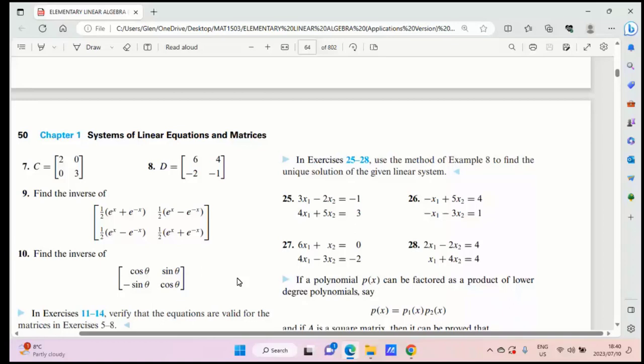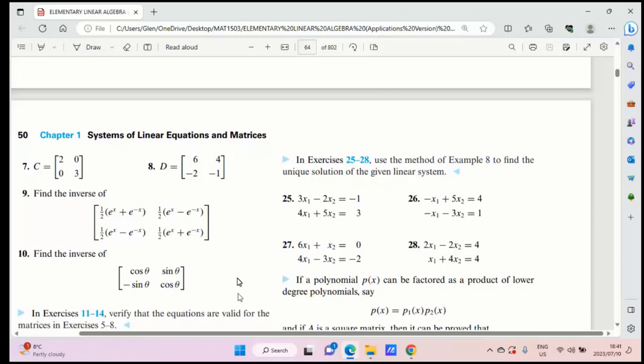Okay, Lebohang. The determinant of a 2 by 2 matrix is A multiplied by D minus B multiplied by C. So in this case, I did that process whereby I got 1/4 bracket e to the power x plus e to the power negative x, squared, minus 1/4 bracket e to the power x minus e to the power negative x, squared.